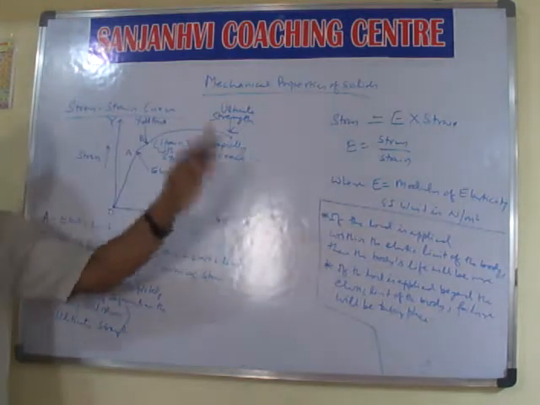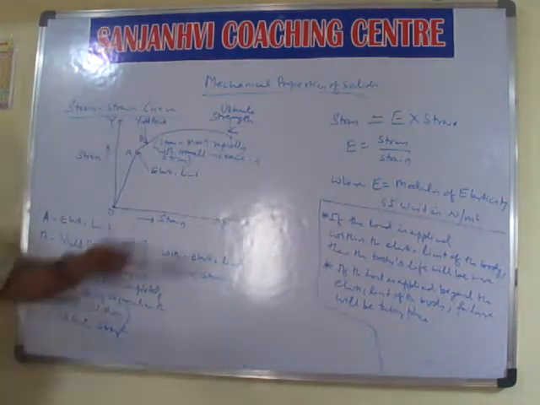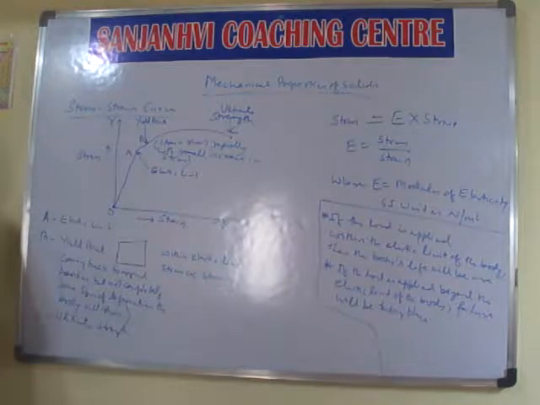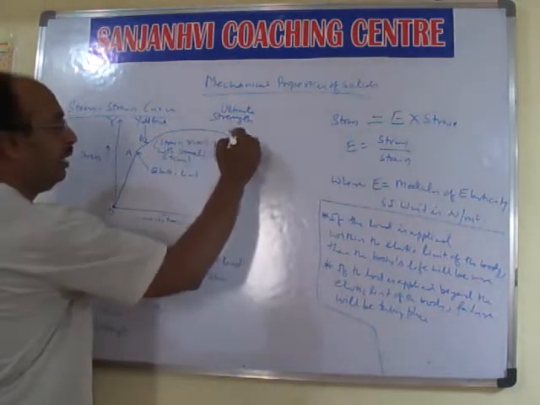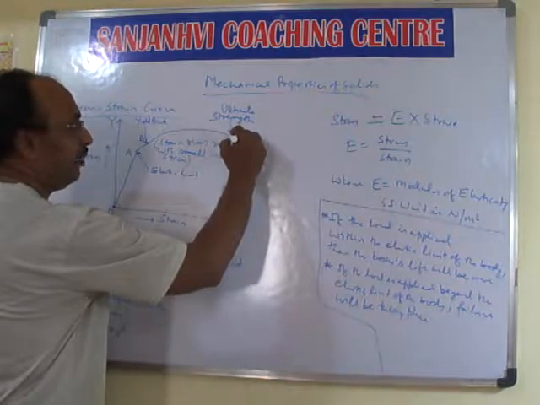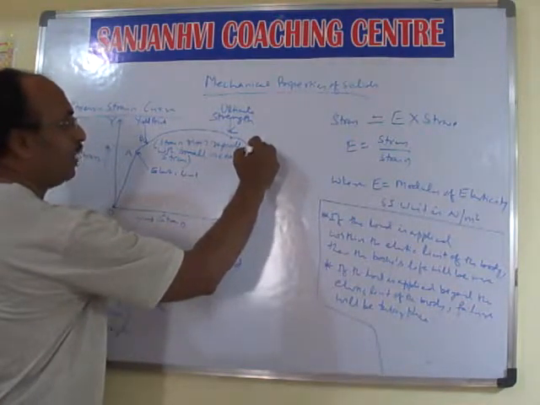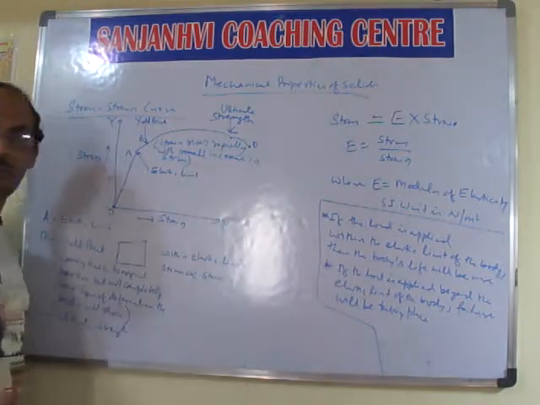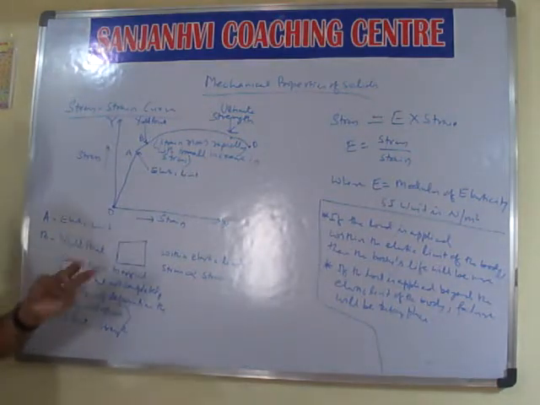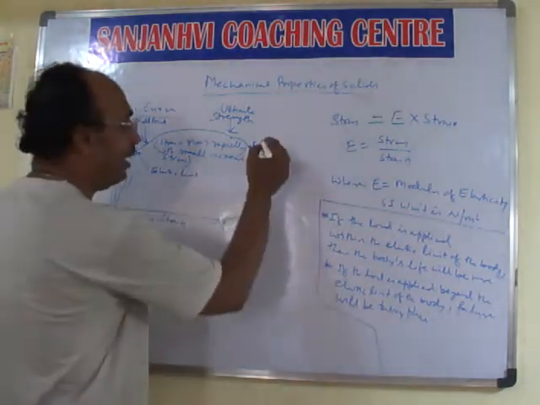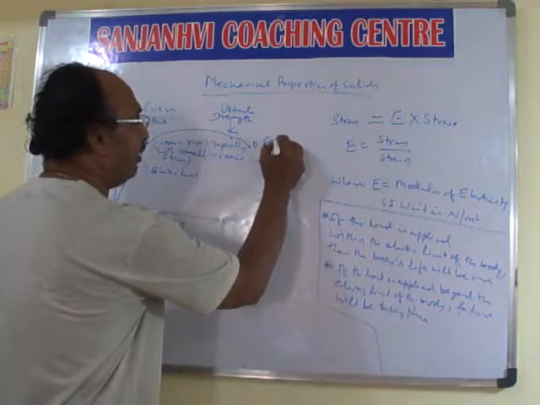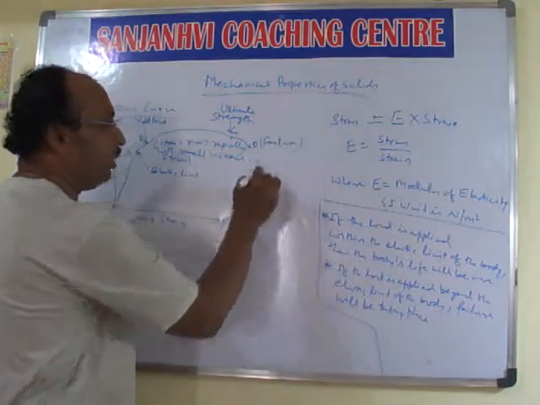Then also strain is rising very rapidly. You are reaching up to the point of ultimate strength. Right? When you are increasing from C to some point D, failure, broken. Okay, so failure has taken place of the particular body.